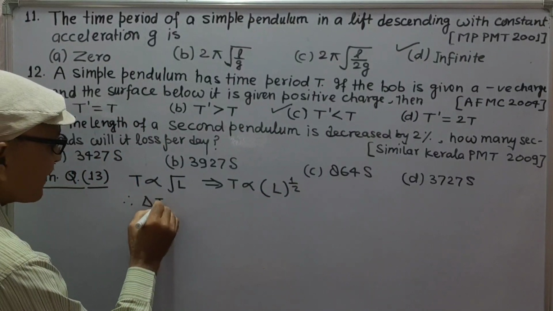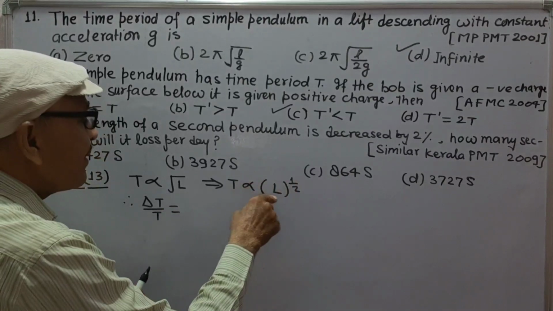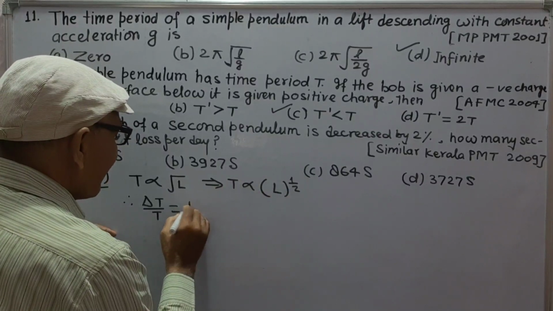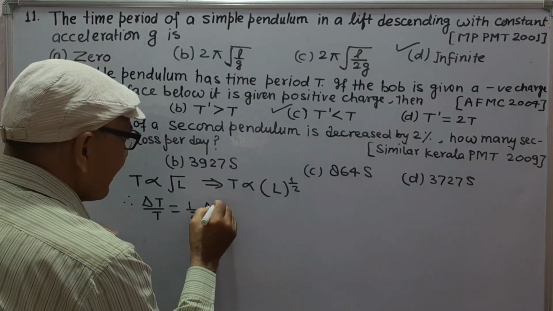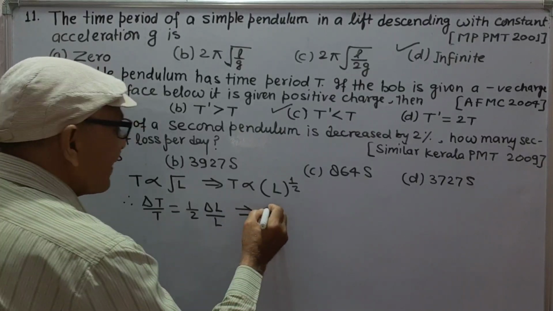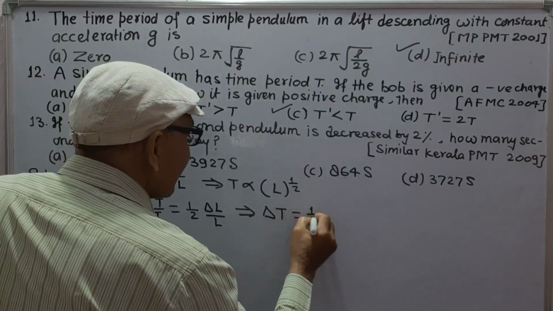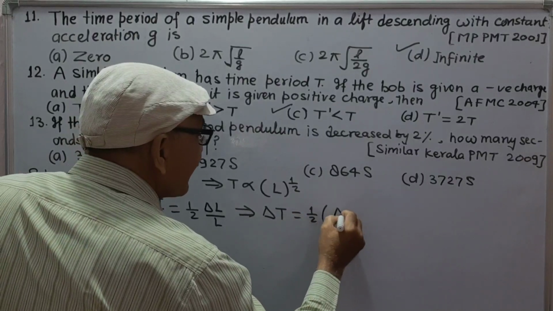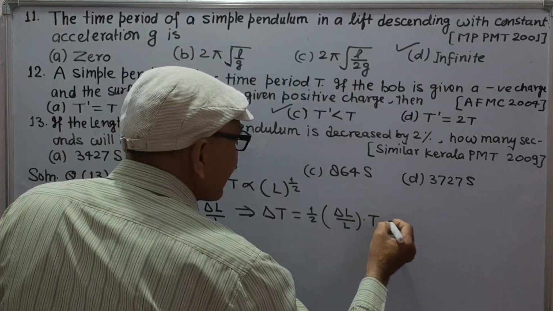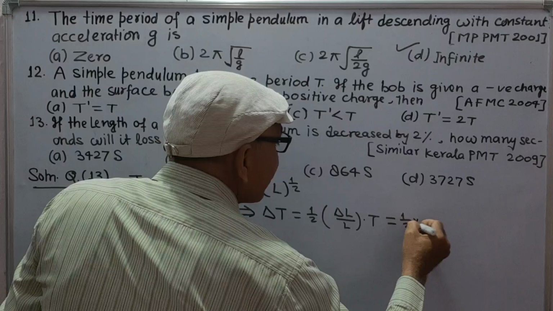Therefore delta T upon T will be equal to 1 by 2 delta L by L, which gives delta T as 1 by 2 delta L upon L into T.